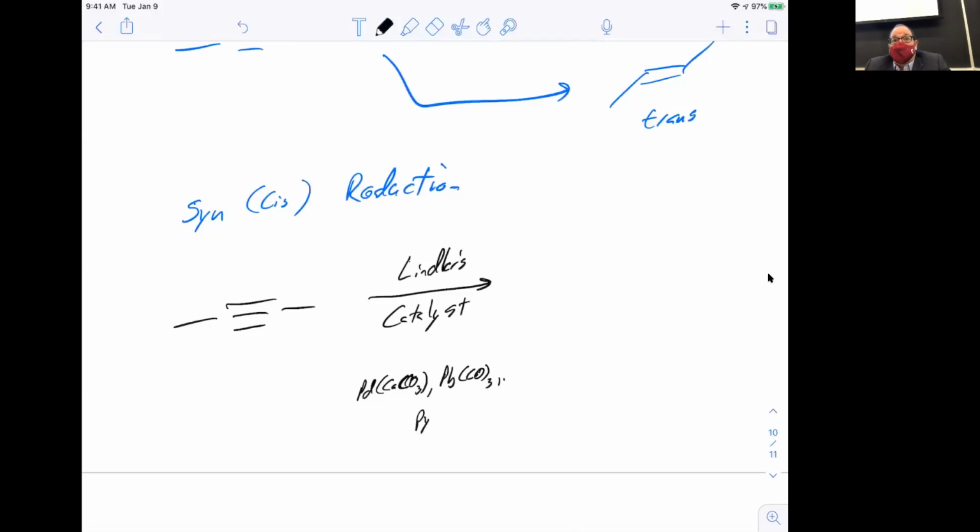But if you see palladium or nickel or sometimes platinum with a salt and then a lead salt of the same type, that suggests a poison catalyst. Lindlar's is the one I'll be using, but when you look at other resources online, notice if a lead salt is included. That's a poison catalyst.